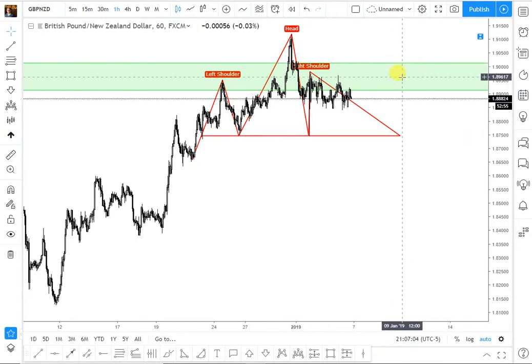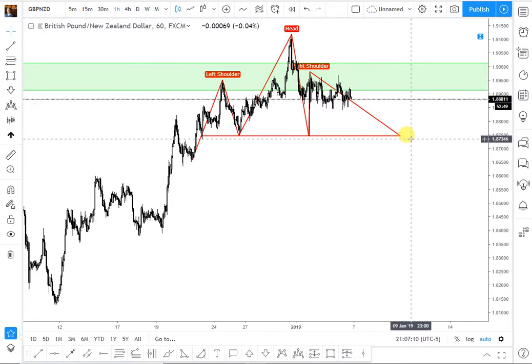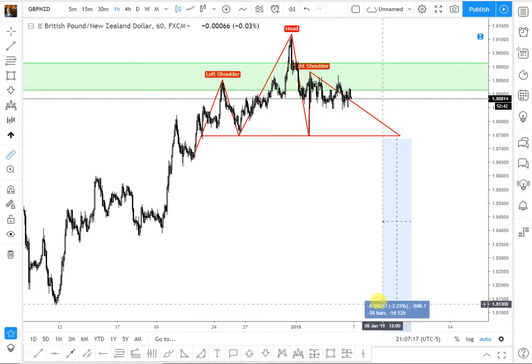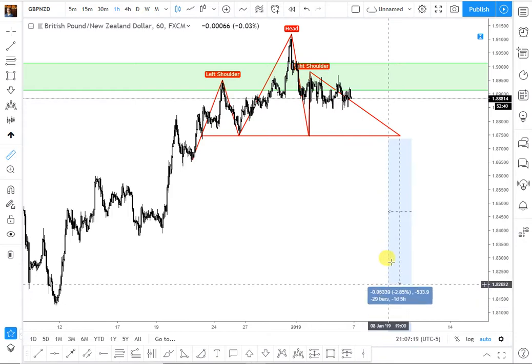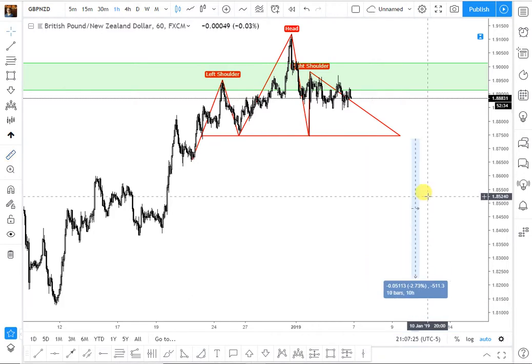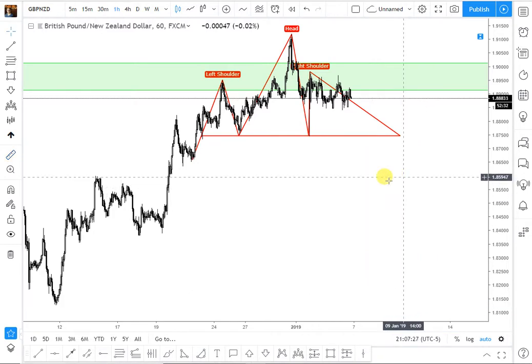So we will enter this trade and our stop loss will be around 1.90. Yes, it is a big stop loss, around 250 pips. But our take profit will be around here. So this is our first take profit, maybe second take profit will be here. So it is almost 2 to 1.